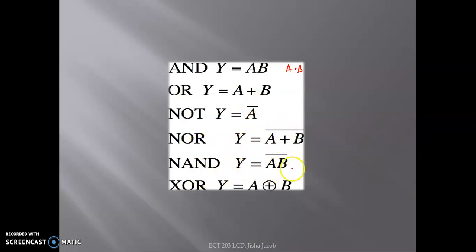NAND is AB whole bar. XOR is A XOR B, that is plus followed by a circle around it. And XNOR is Y is equal to A dot with a circle B. Or you can also write it as A XOR B whole bar. Both are correct.